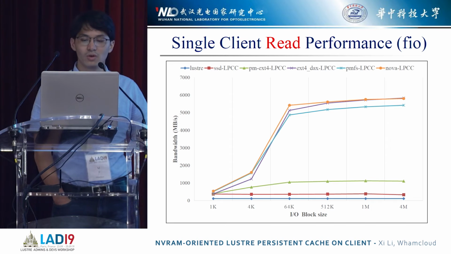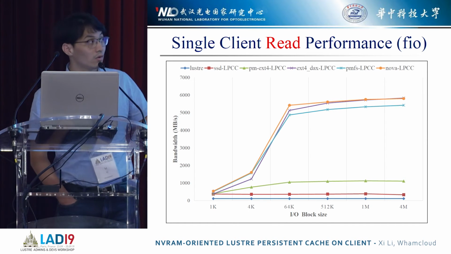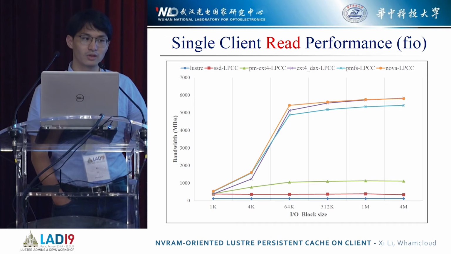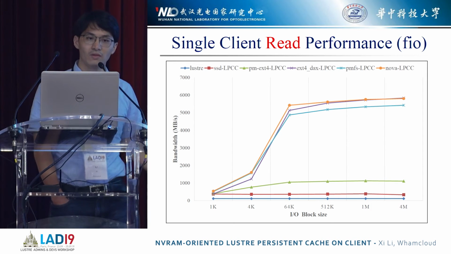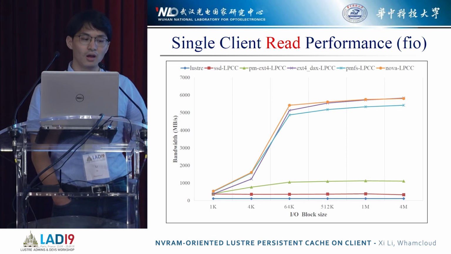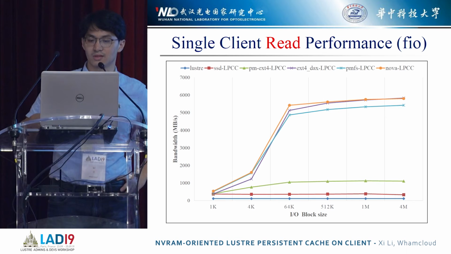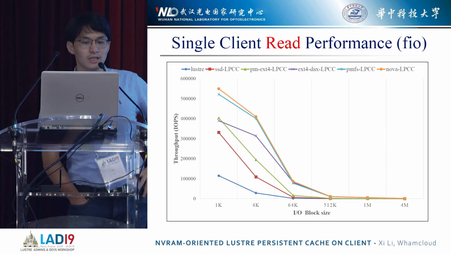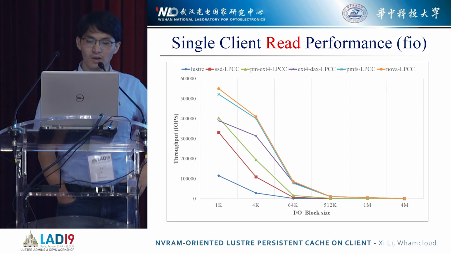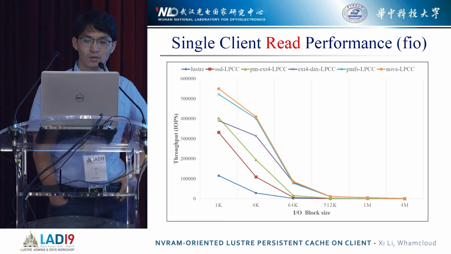The DAX feature will enable you to skip the page cache, and that will reduce a lot of latency. So we can see there is a lot of performance difference between the file systems that are designed or optimized for NVRAM and the file systems that are not optimized for NVRAM, even though the storage type is the same. We can get similar results from the read performance of IOPS.